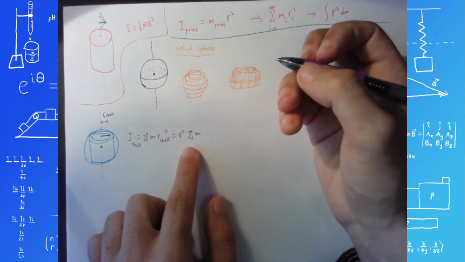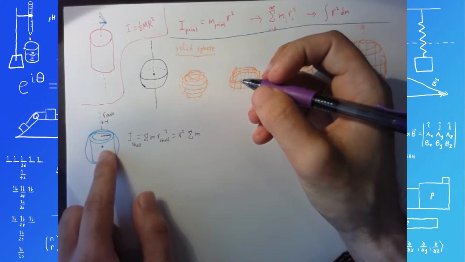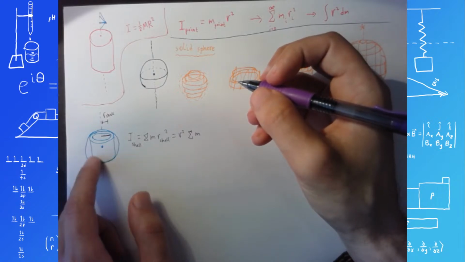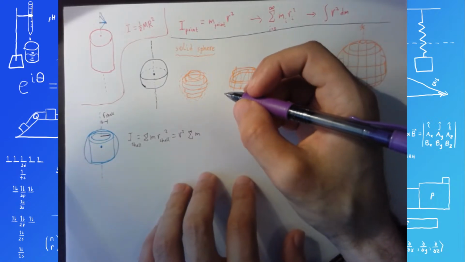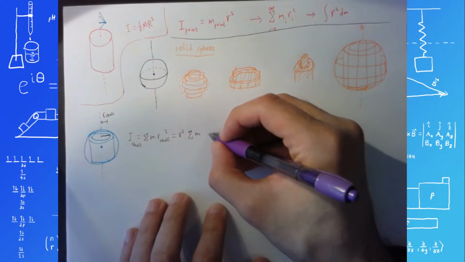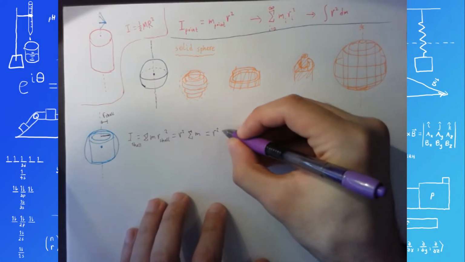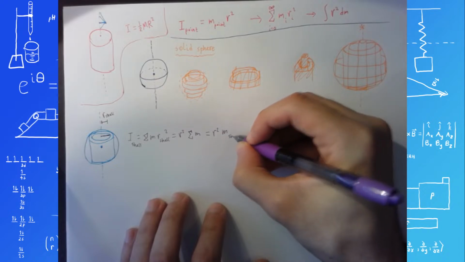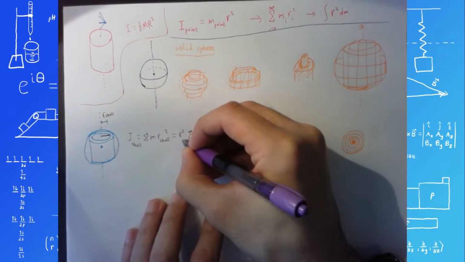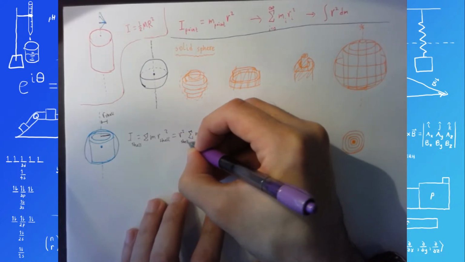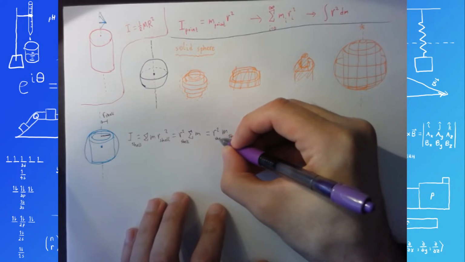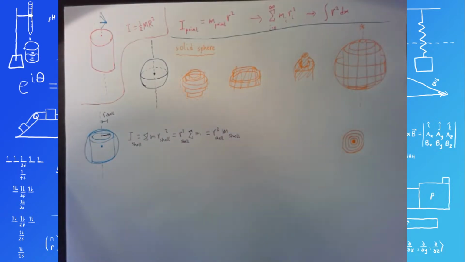Well, what's the sum of those masses? If I add up the mass of each and every individual point in the shell, then we just get the mass of an individual shell. Then we just get r squared times the mass of that whole shell. And I should probably just call it r shell. There we go. So that's for an individual shell.